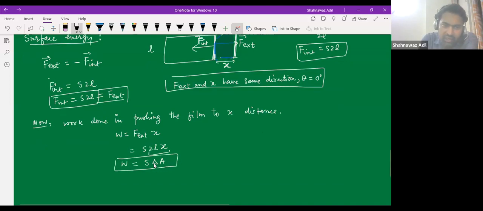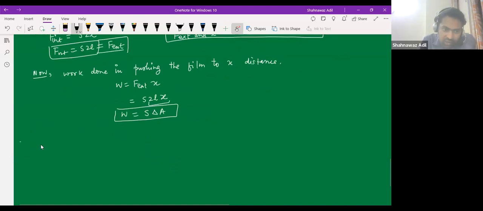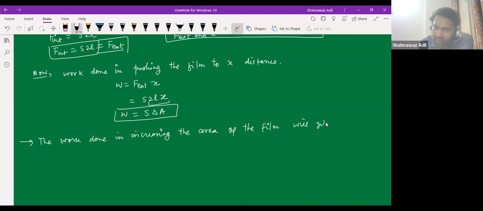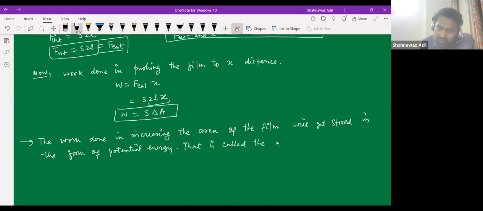And this work done in increasing the area of the film will get stored in the form of potential energy, that is called the surface energy, right?